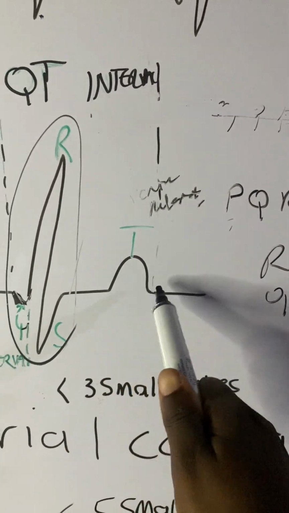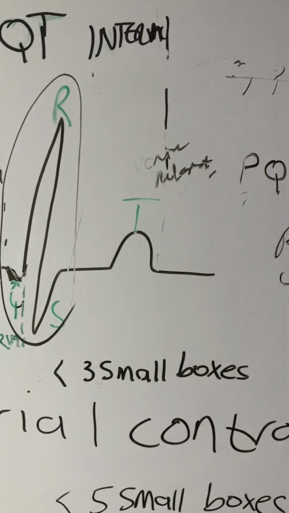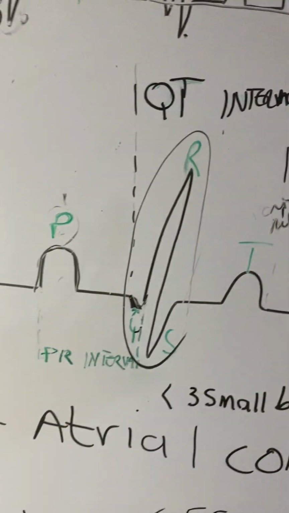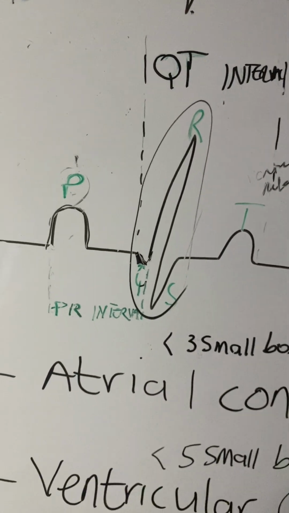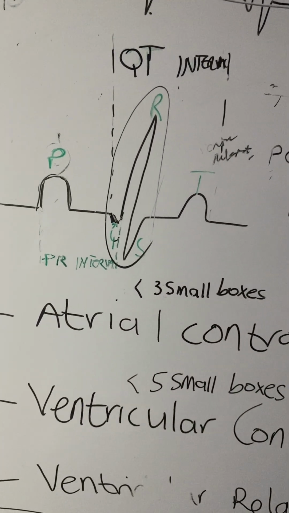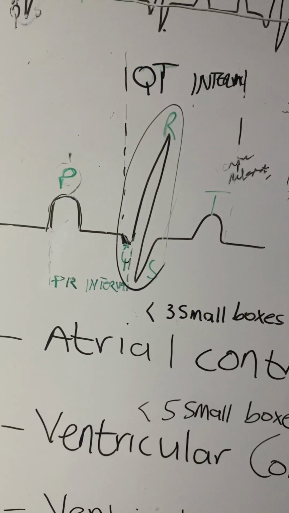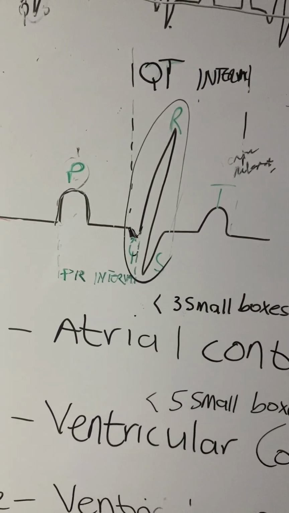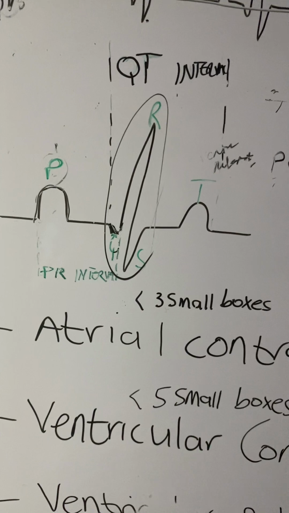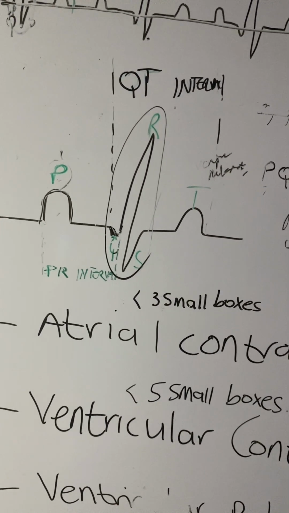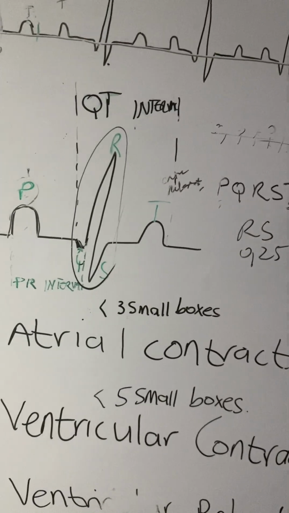Then if you have one that is looking abnormal, you can tell. Even if you're not able to pinpoint what exactly is going on or what you think is wrong with your PQRS or your rhythm, but you're able to tell that this rhythm is not normal, you're good to go.